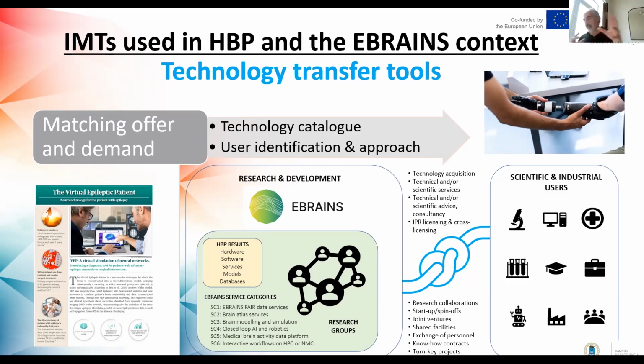So that is connecting different sources, different service categories of HBP. You can see there the e-brains and the research groups. You are part of the research groups in HBP, and you are making hardware, software, services, models, databases. On most occasions, you are making three or four kinds of these results together.